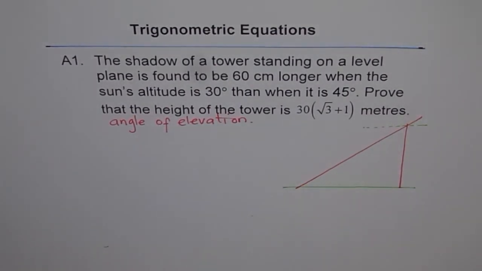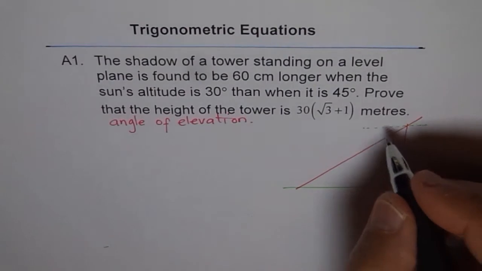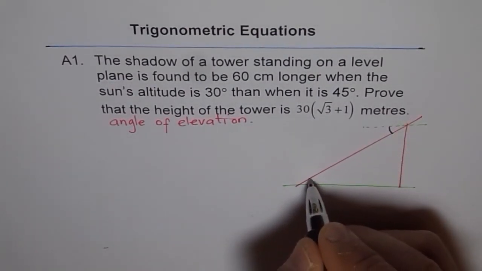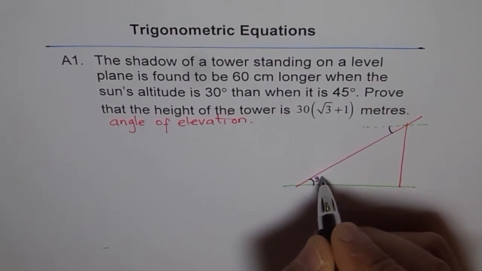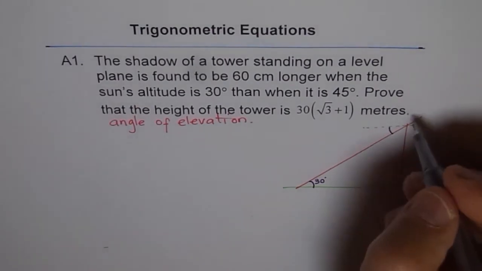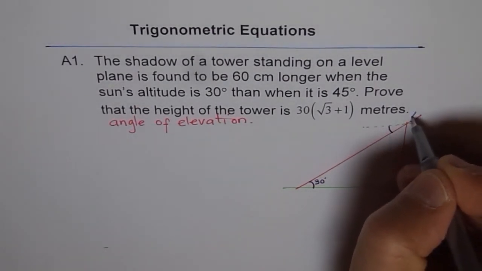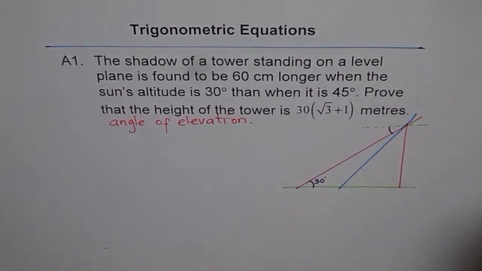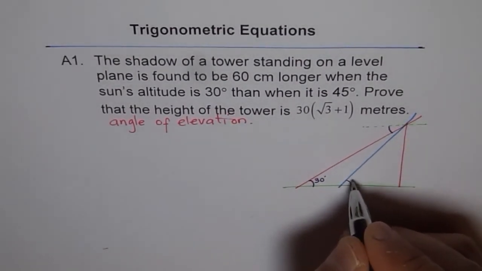So this one which I've drawn here is when the angle of elevation is 30 degrees, correct? Now in the second case, when the angle of elevation is 45 degrees, let's draw this one. So here the angle of elevation is 45 degrees.